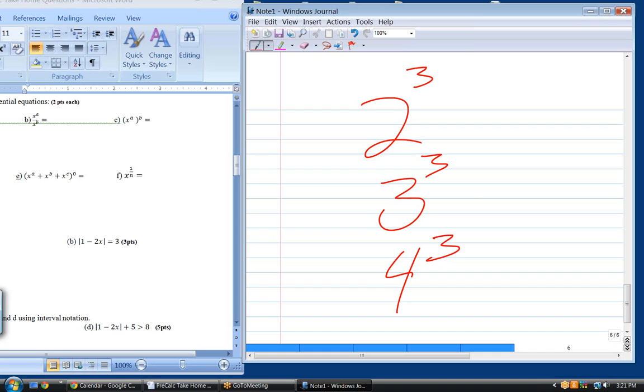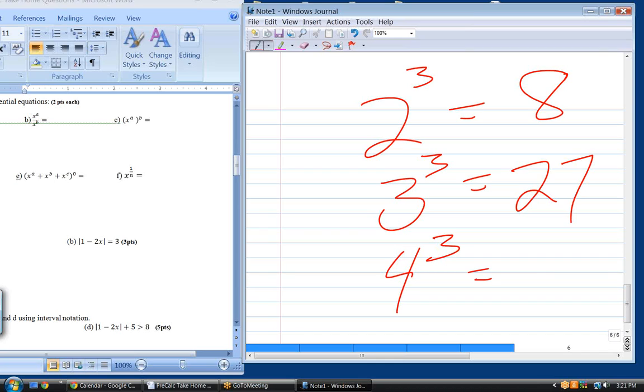What's 2 cubed? That's 8. What's 3 cubed? Remember, it's 3 times 3 times 3. So 3 times 3 is 9 times 3. 27.